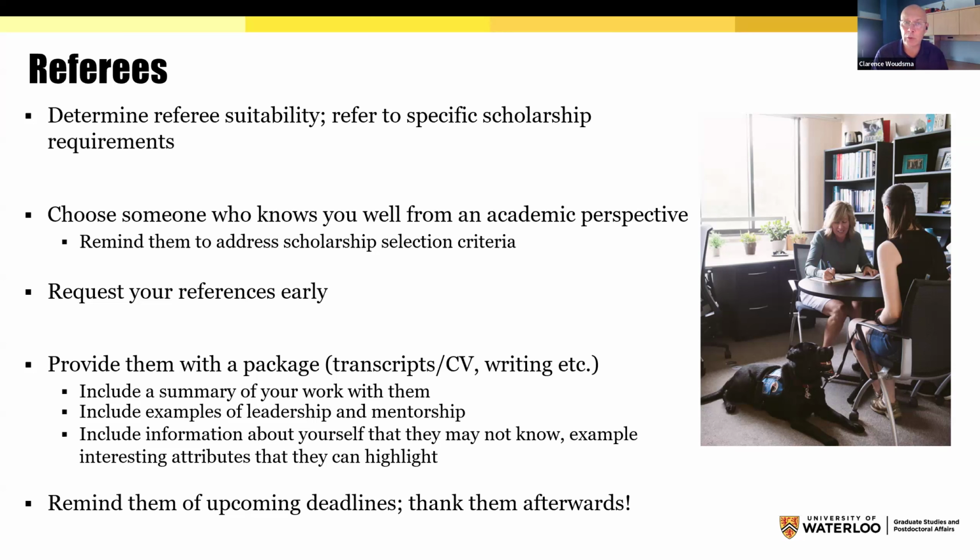Perhaps it's somebody that you worked with in a completely separate project or environment, but they can also speak to your experiences. Perhaps it's a role as a mentor, for example, in another context where you supported the work of another student. So there's something that they can add that connects with the criteria that your particular council is seeking in terms of the referees.